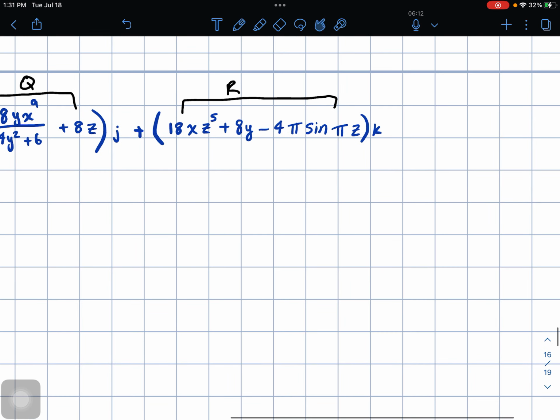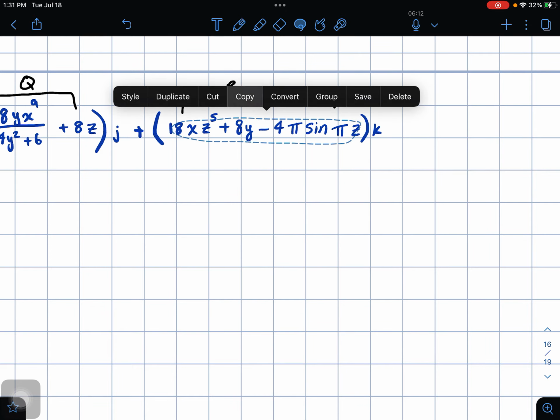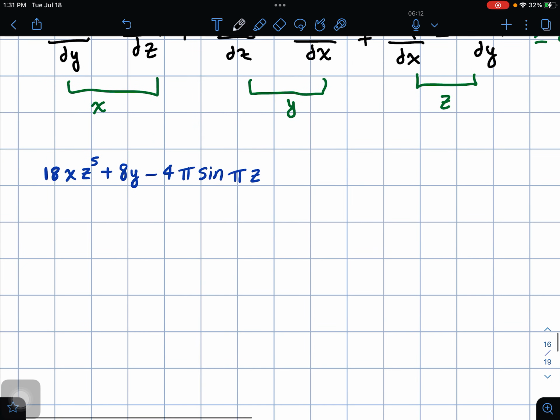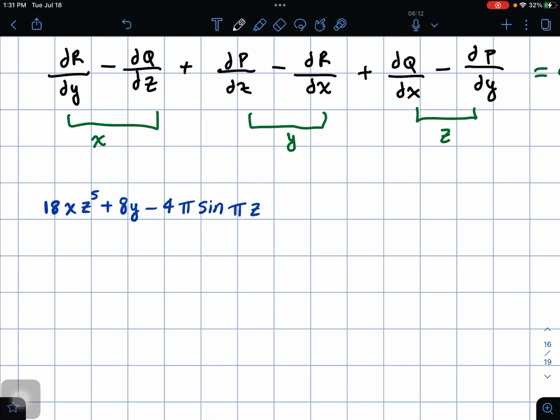Alright, so this is going to be del R del y. With respect to y, this is 0, this is 0, this turns to 8. So 8.